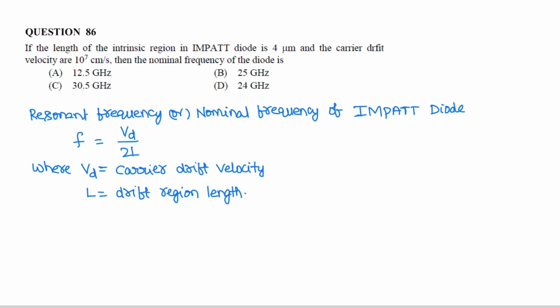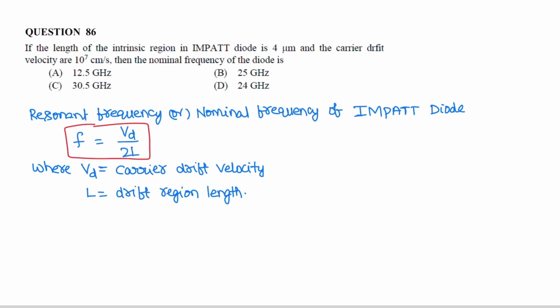Next question. If the length of the intrinsic region of an IMPATT diode is 4 micrometer and the carrier drift velocity is 10 power 7 centimeters per second, then what is the nominal frequency of the diode? The resonant or nominal frequency of an IMPATT diode is given as Vd by 2L, where Vd is the carrier drift velocity and L is the drift region length.